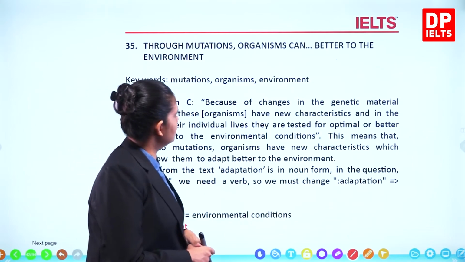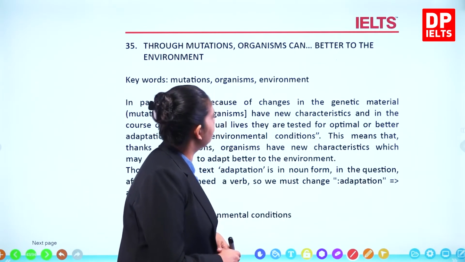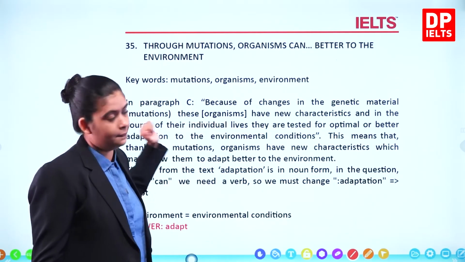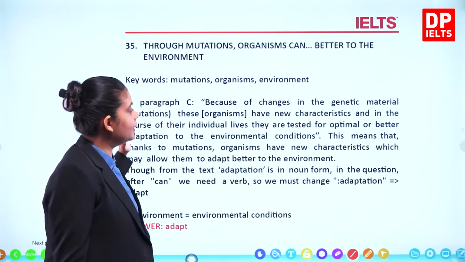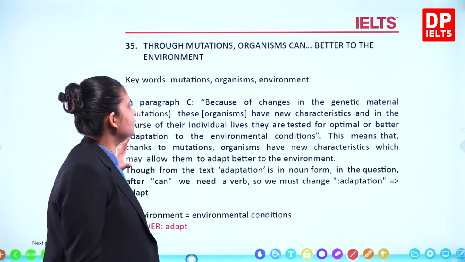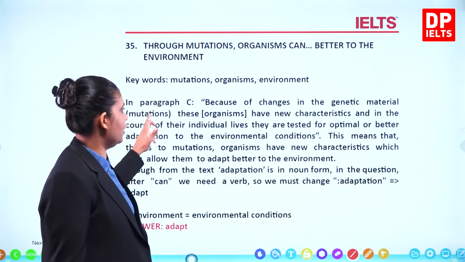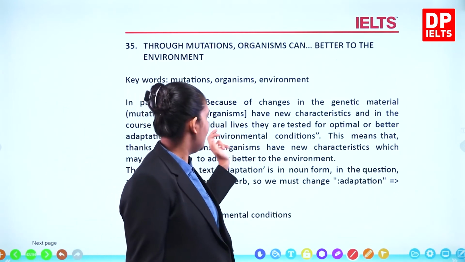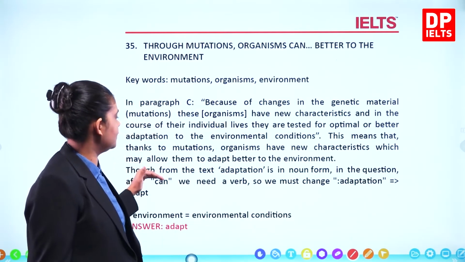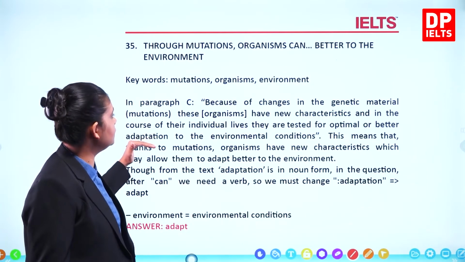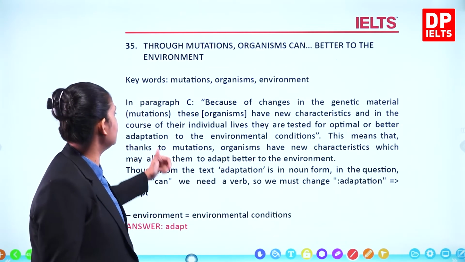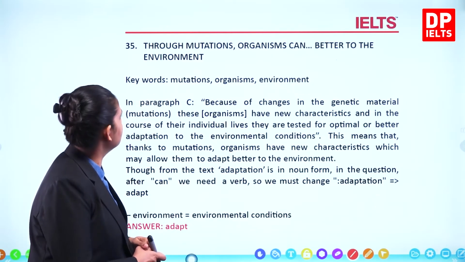Through mutations, organisms can adapt better to the environment. If you go to para C, it says, because of changes in the genetic material, or rather mutations, these organisms have new characteristics and in the course of their individual lives are tested for the optimal or better adaptation to the environment conditions.